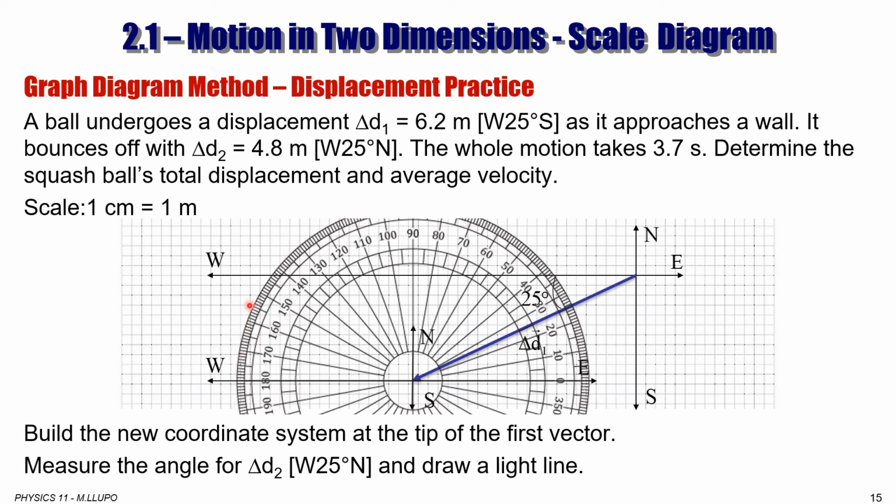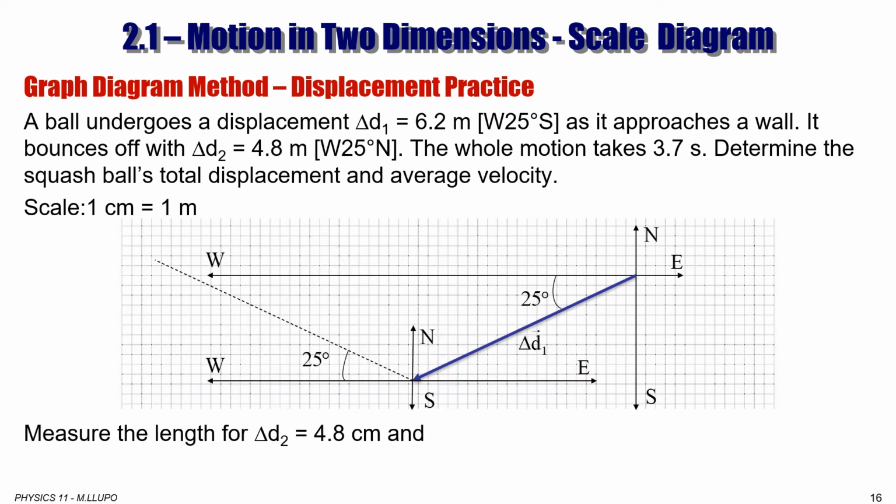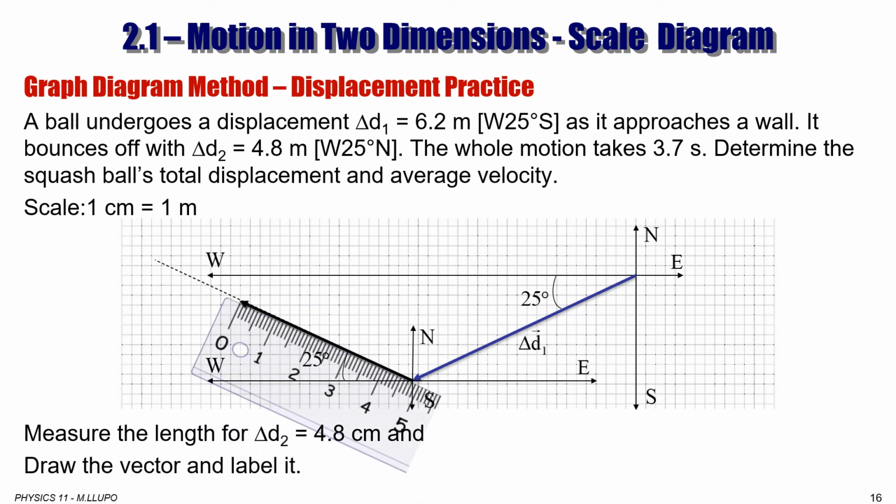You put a dot here, and then you can draw a line. And that's how you measure 25 degrees from west toward north. Next step is similar to what we did for displacement delta D1. You measure it, draw that vector, and label it.